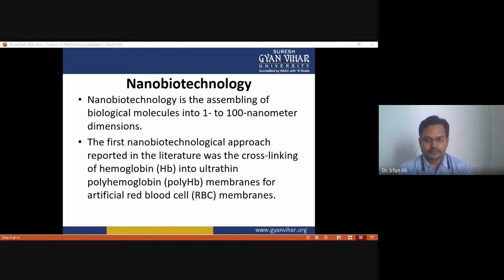The nanodimension is an essential part of preparing material in the nanoscale, and polyhemoglobin, catalase, and superoxide dismutase act as an oxygen carrier and an antioxidant for conditions with the potential for ischemia-reperfusion injury. Wherever blood transfusion is necessary, this substitute may be used for the treatment.